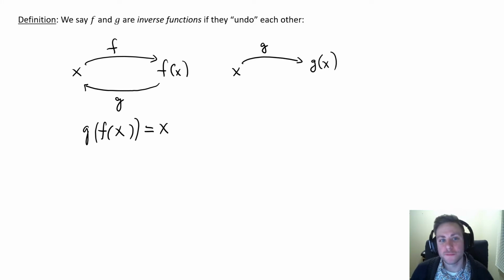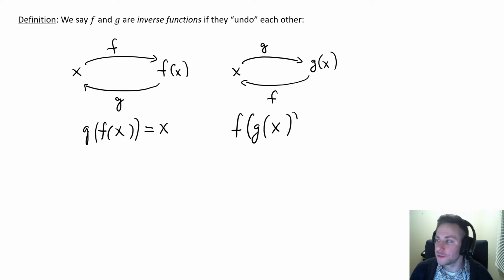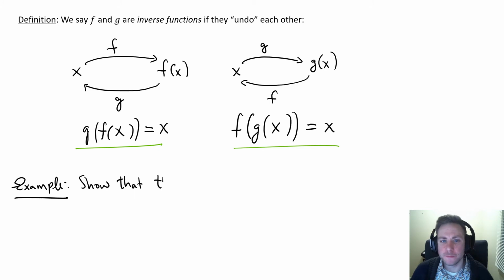So if you started by applying g and then applied f, the result should still be the same x that you started with. So in symbols, that means f of g of x also equals x. Since these two equalities capture the idea of functions canceling each other out, these can really be taken as the definition of inverse functions. Let's look at an example.